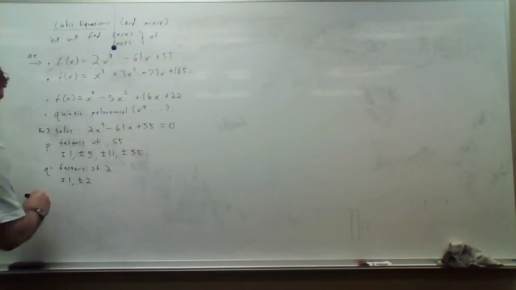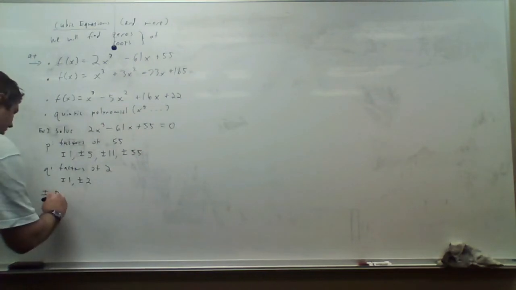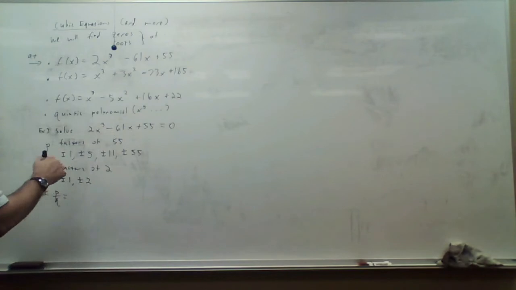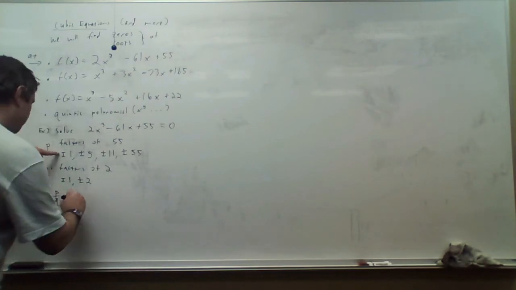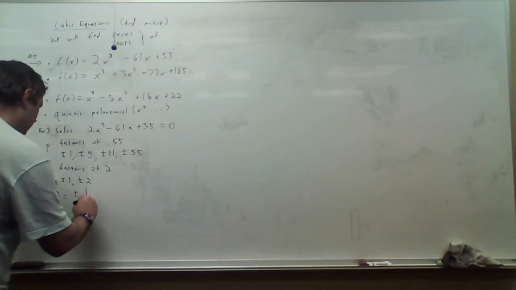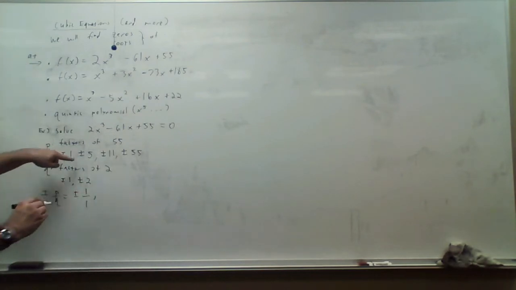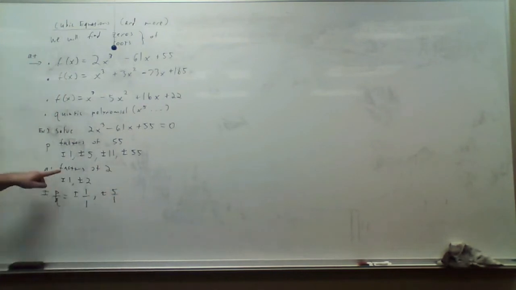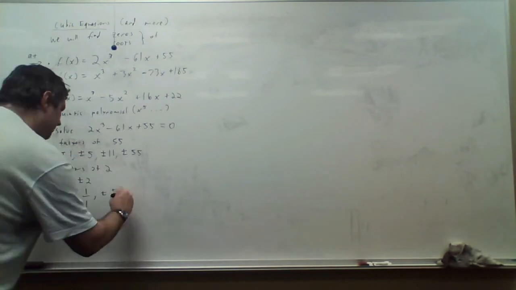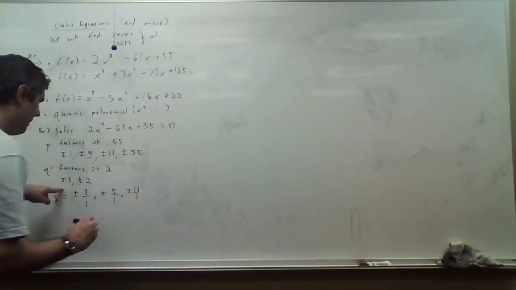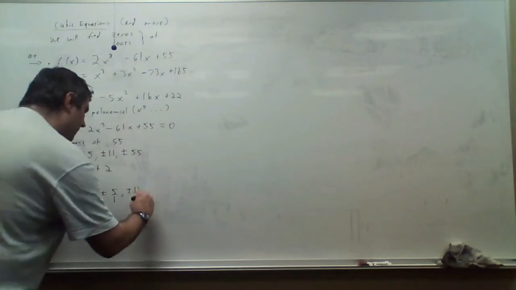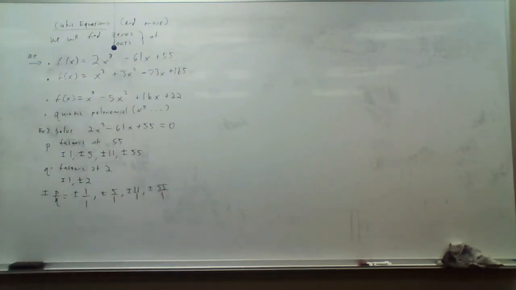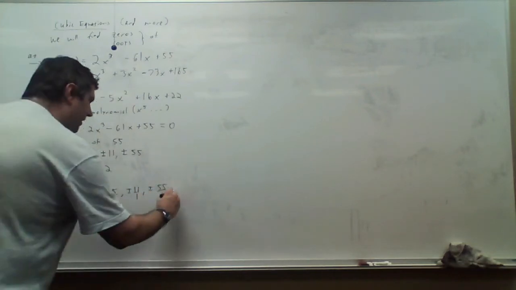Okay? So plus or minus P over Q would be, well, 1 over 1, plus or minus 5 over 1, 11 over 1, and 55 over 1. Okay? That's half of them.